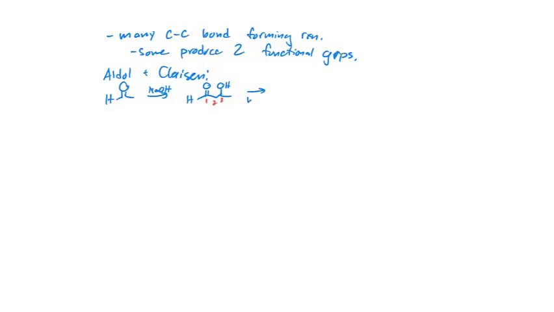And of course we know if we add some heat to this mixture, we can make the alpha beta unsaturated carbonyl. So if you ever see anything that is an alpha beta unsaturated carbonyl, or could have been at some point, that could have come from an aldol condensation.